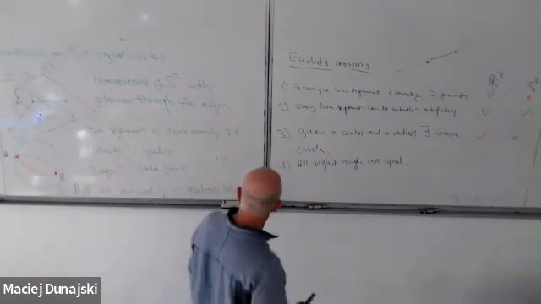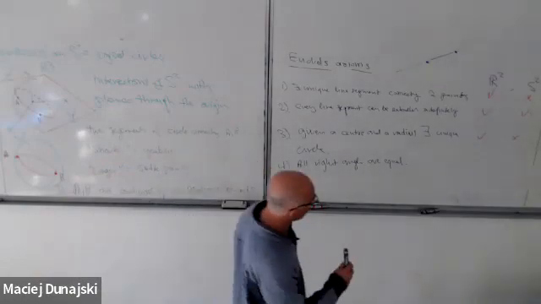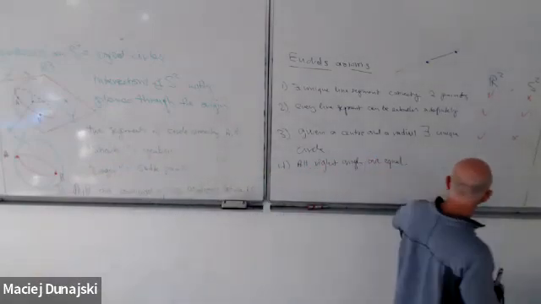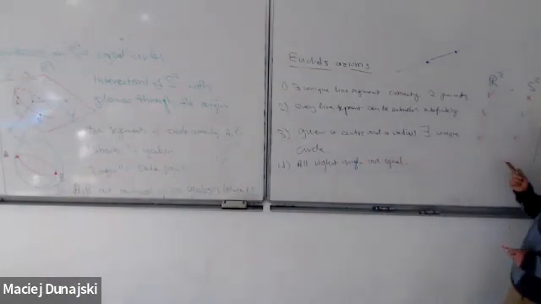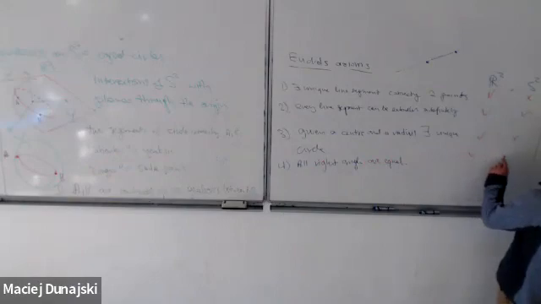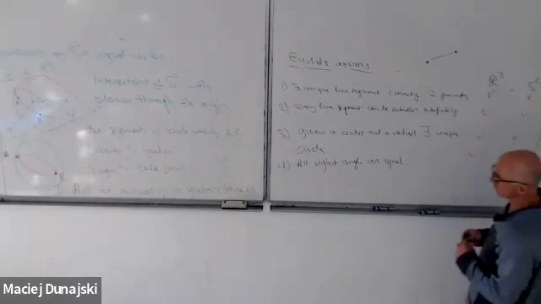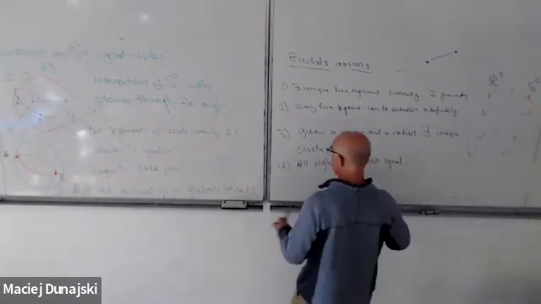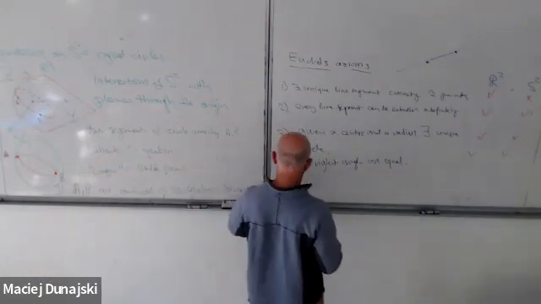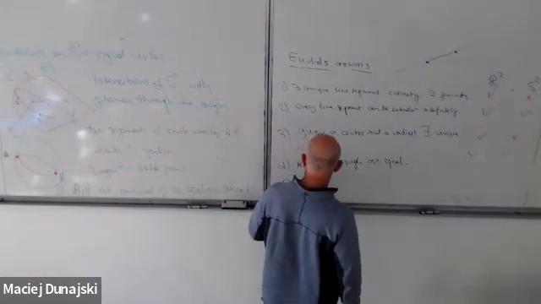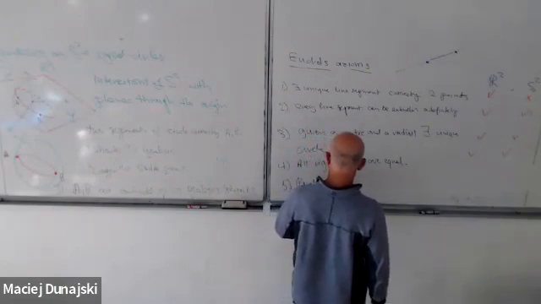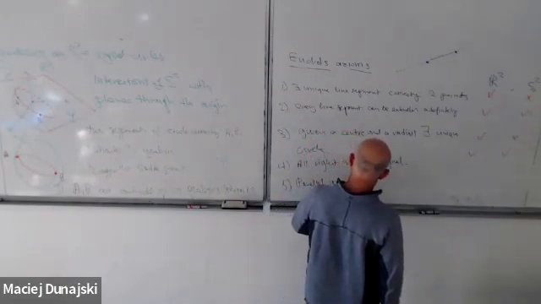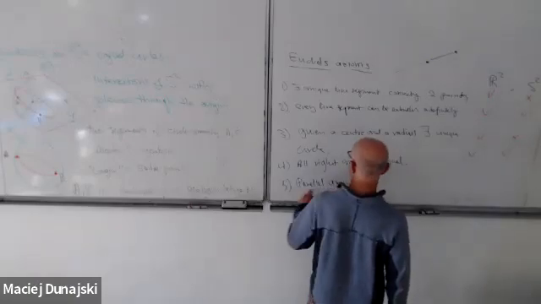I didn't define angles on the sphere, but you can do it by tangency. It turns out that this one actually is okay on the sphere as well as the plane. And the fifth axiom, the parallel postulate, so it's this.